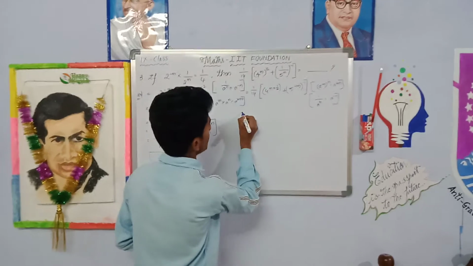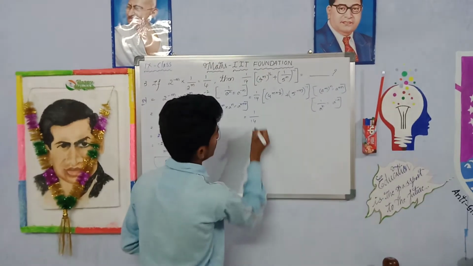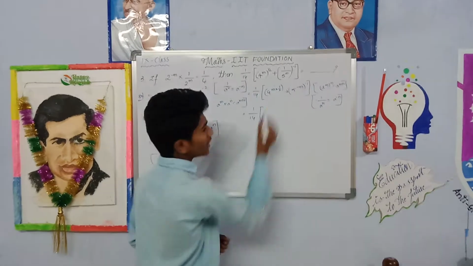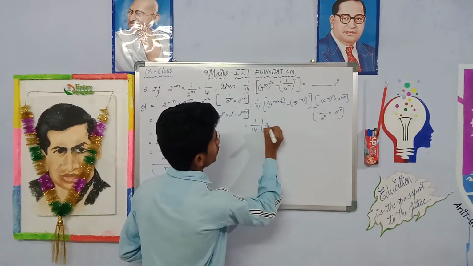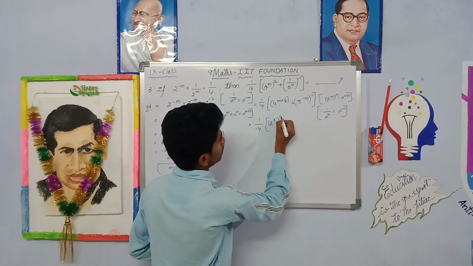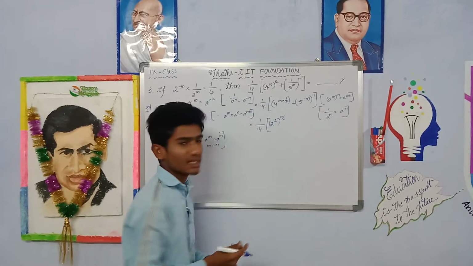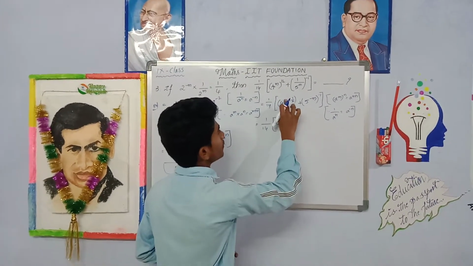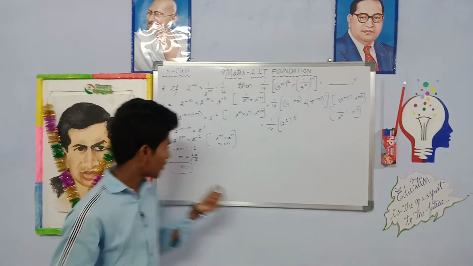So now 1 by 14th. 4 can be written as 2 square. Now we are substituting the value of m. What is the value of m? We got 1.